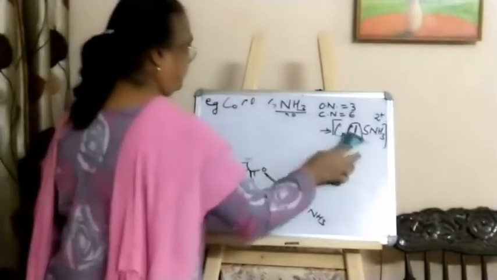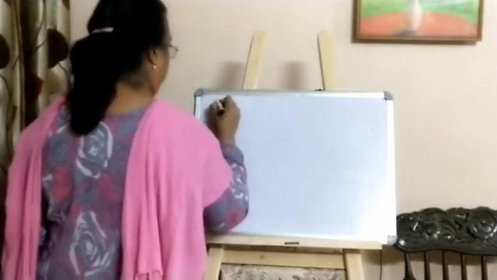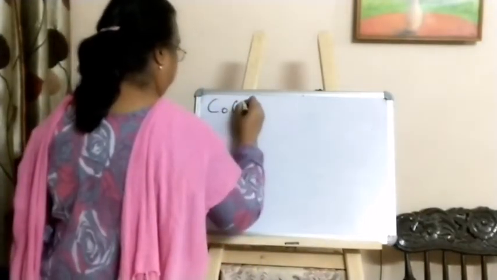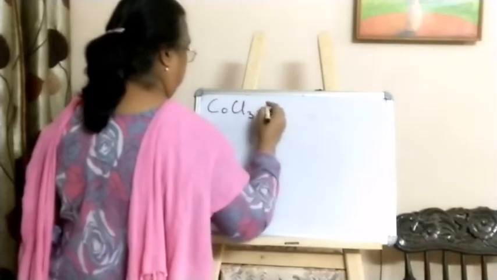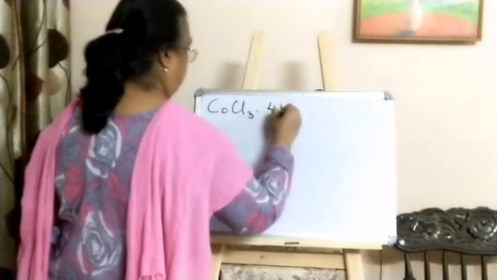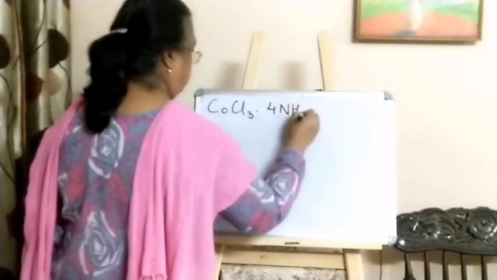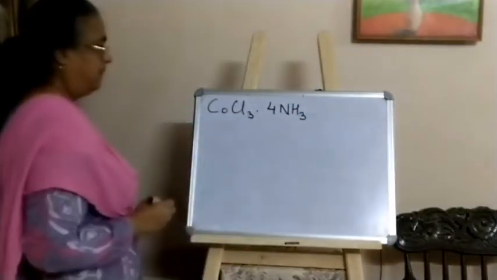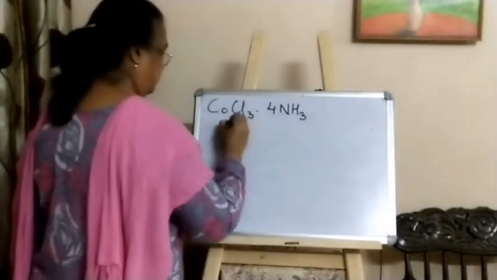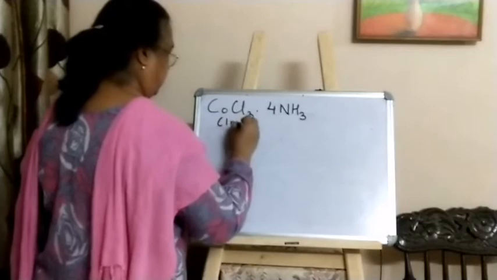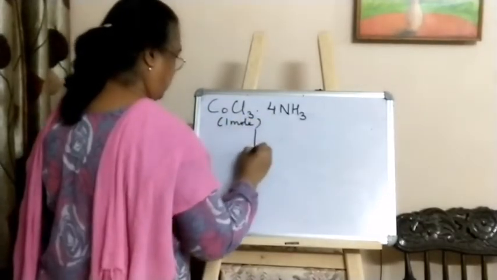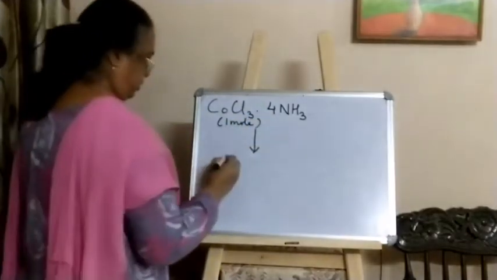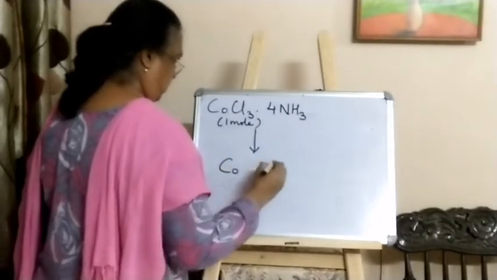Now one more example of the same compound, cobalt chloride linked with ammonia, CoCl3 and 4NH3. In this case, if 1 mole is taken and put in water, what do we get?